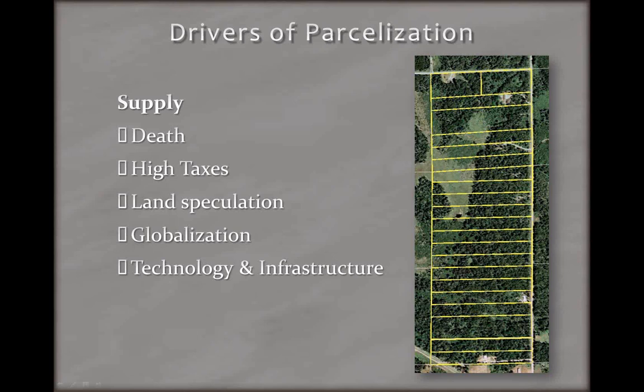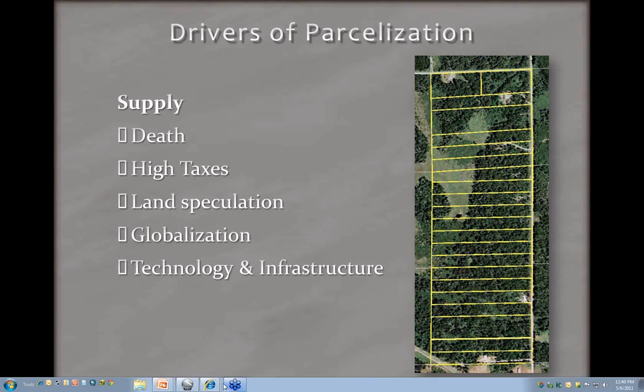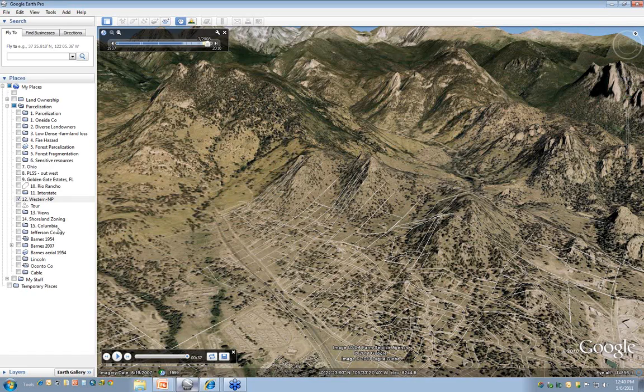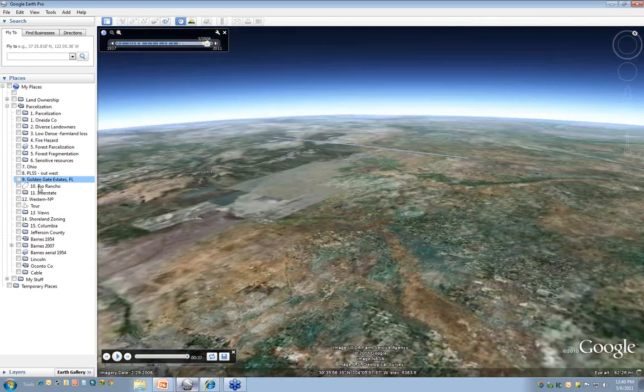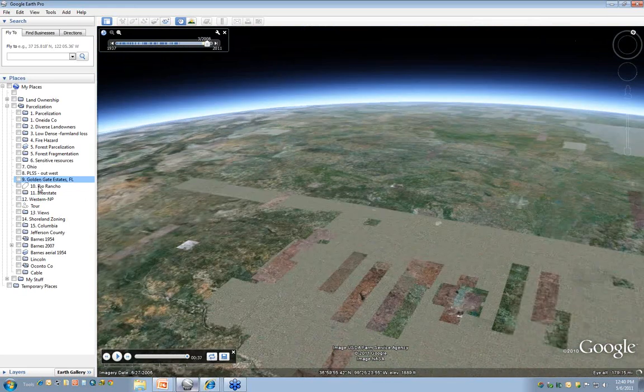But another example I wanted to show you of extreme land speculation and fraud actually occurred in Florida. Many of you are probably aware of this, but this is a subdivision that was platted in the 1950s in Florida, all at one time.